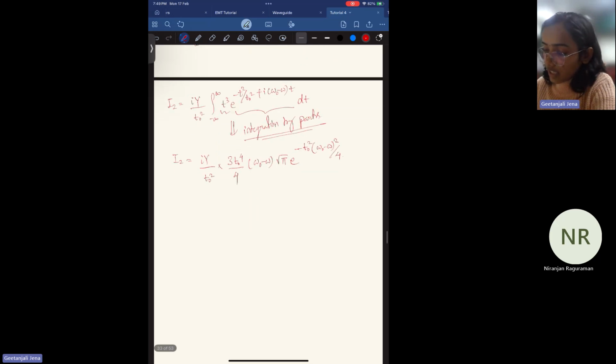That means E of omega will be B by 2 pi, I1 plus I2.